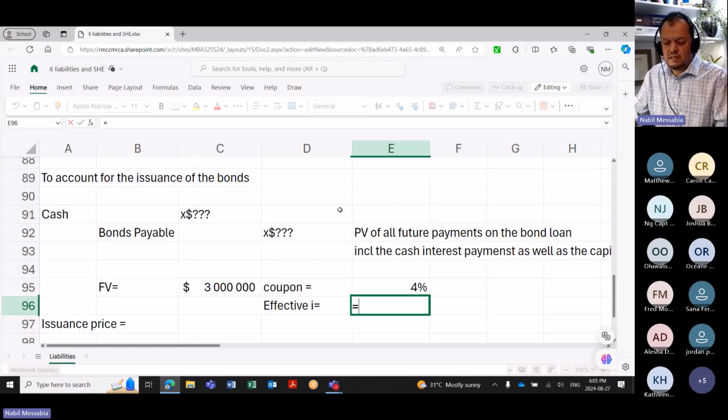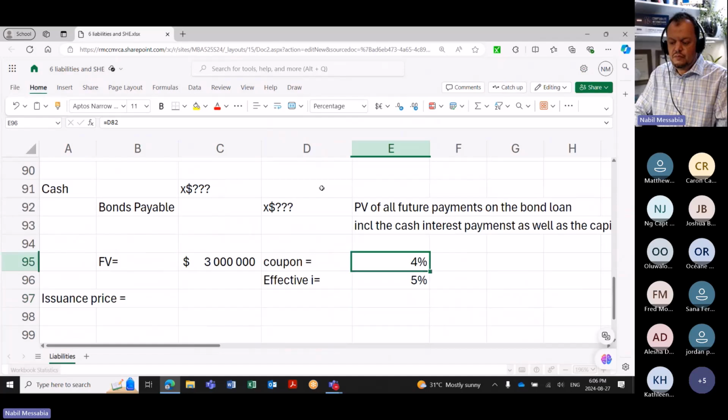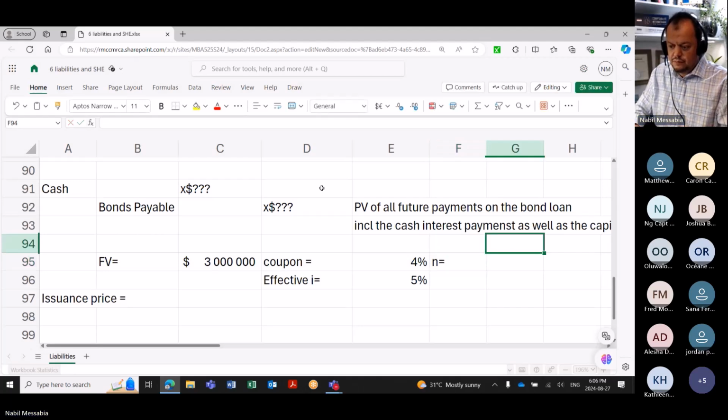In this case it is 5%, and N equal 5 years.